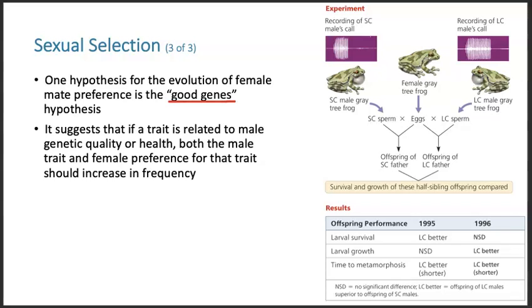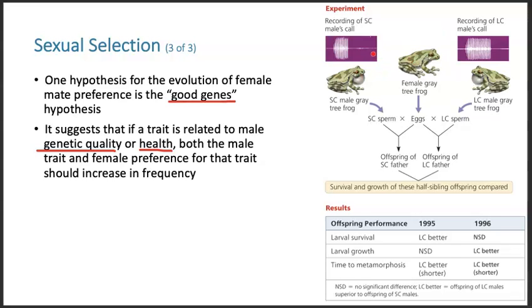So the good genes hypothesis says that females choose males based on their genetic qualities, or maybe genetic qualities that represent something about their health or something along those lines. Both male traits and the female preference for that trait tend to increase in frequency when the good genes hypothesis is being followed by a particular species.